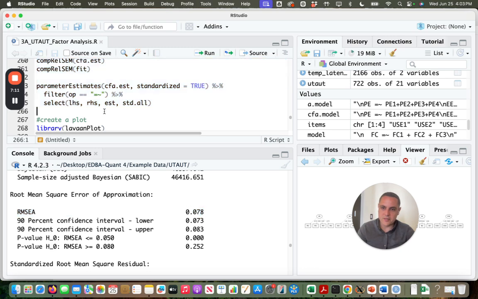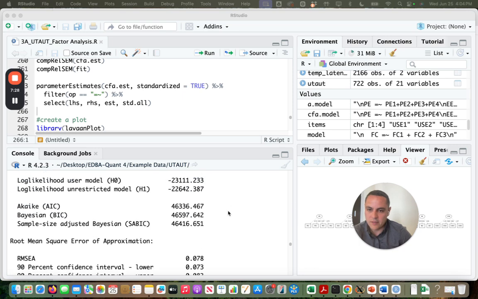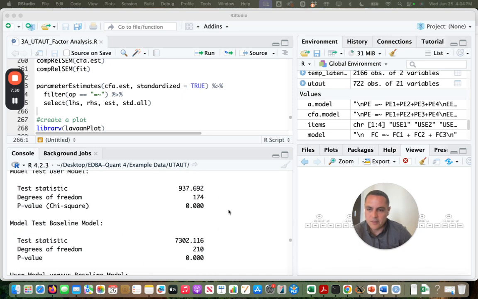Again, there's debate, a little bit of wiggle room, around those values or those cutoffs. But the other thing we'll look at is also the chi-square. And in fact, when I look at chi-square, it's actually up at the top.